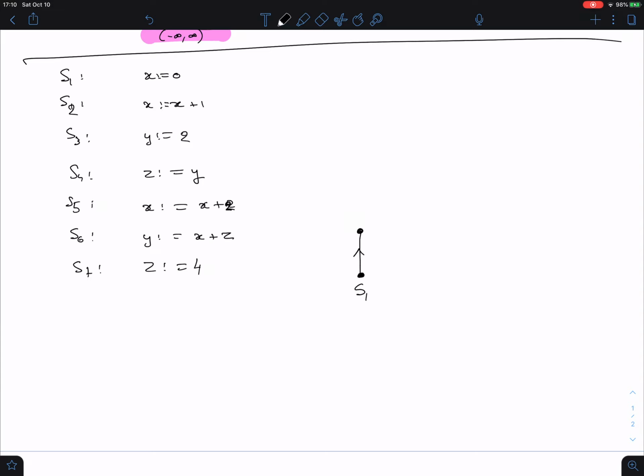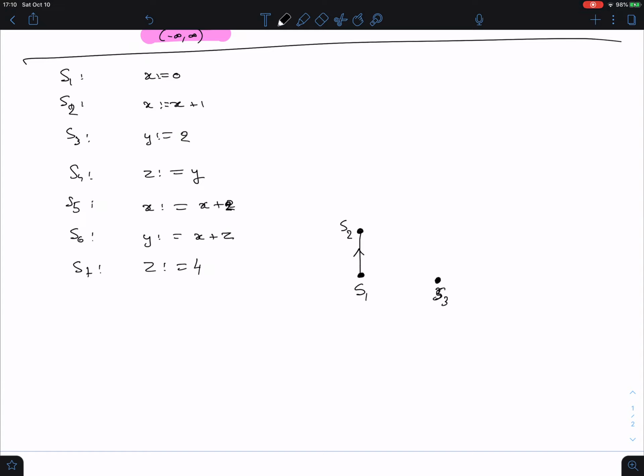These are directed graphs, right? What about S3? There's a defined y there, so I don't need to know what S1 was, so there's no arrow there, so S3 goes for the moment there.